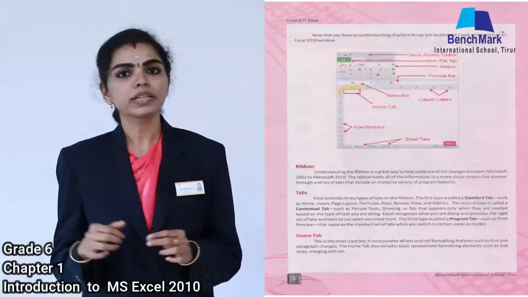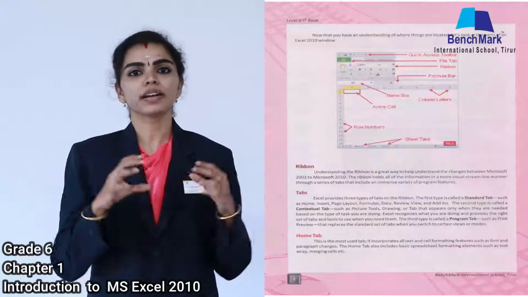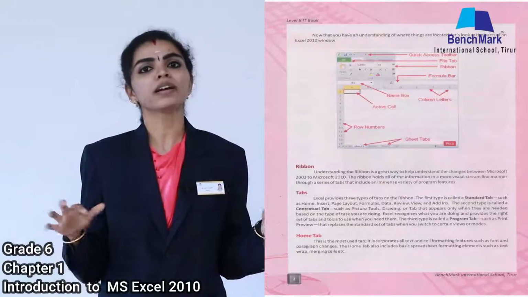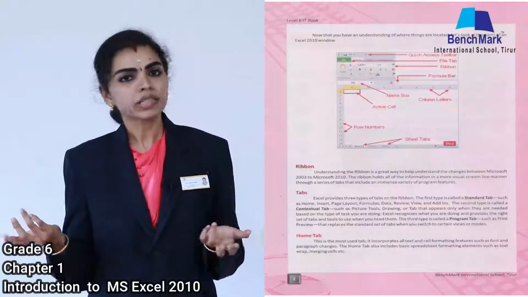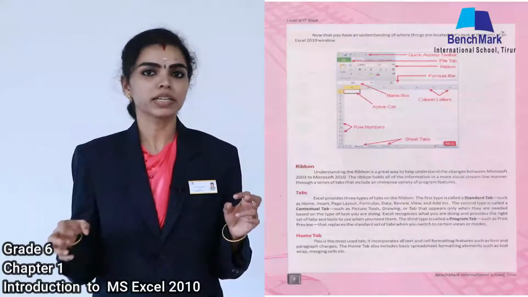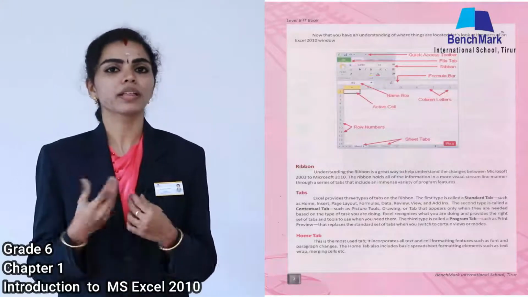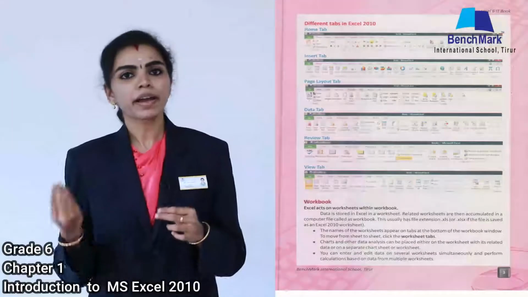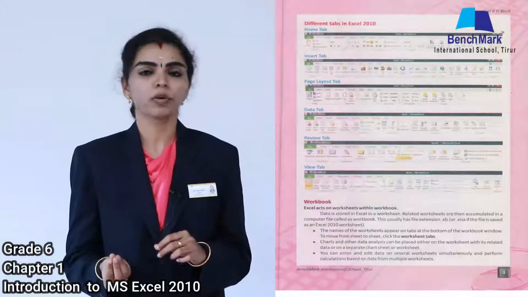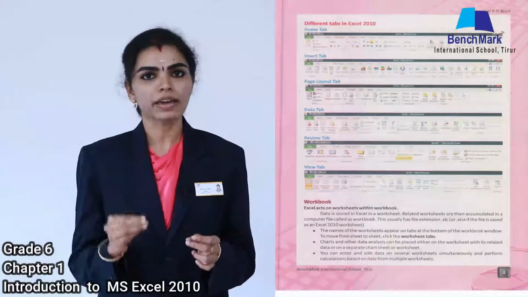The second one is the ribbon, which contains a collection of tabs, like the file tab, insert tab, layout tab. All these have several functions inside them. For example, in the file tab, we have New, which is used to create a new workbook, and we can save our existing workbook using Save or Save As.